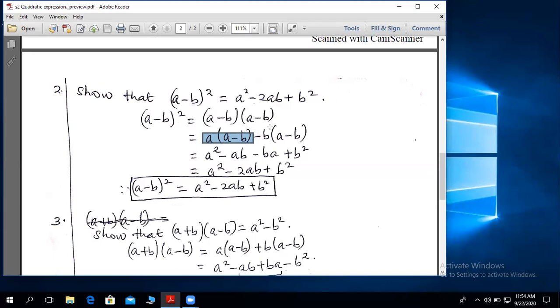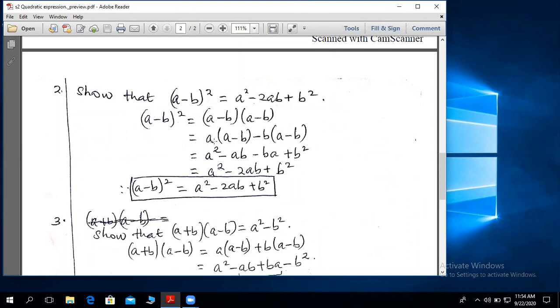then you subtract, minus b into a minus the whole bracket, minus b into a minus, this is minus b, then you multiply it by the second bracket. You first get a times the second bracket, then minus b times the second bracket again, which gives us a squared minus, this is a squared, then positive times a negative is minus.